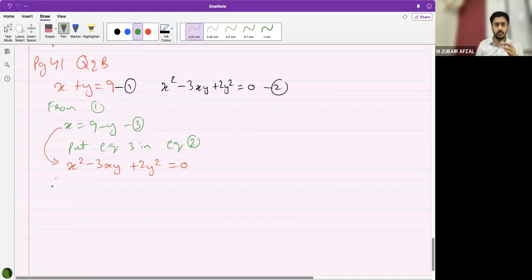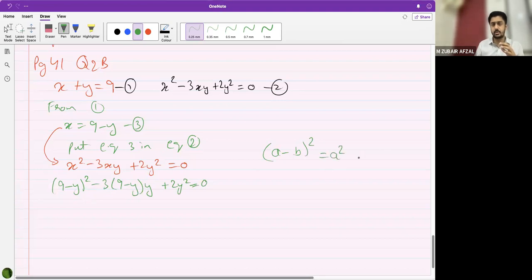We have the value of x, which is 9 minus y whole squared, minus 3, again value of x is 9 minus y times y, plus 2y square equals to 0. So whenever we have a square, we go for our identity. A minus b whole squared is a square minus 2ab plus b square.